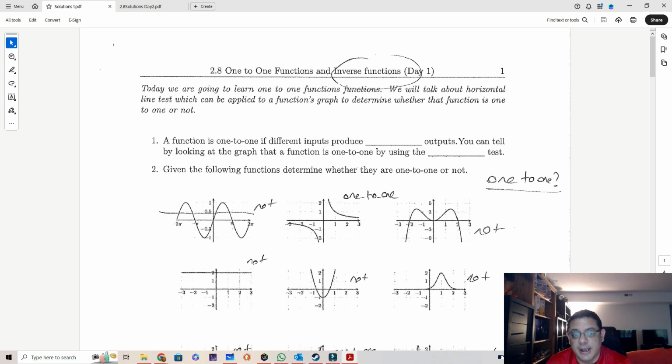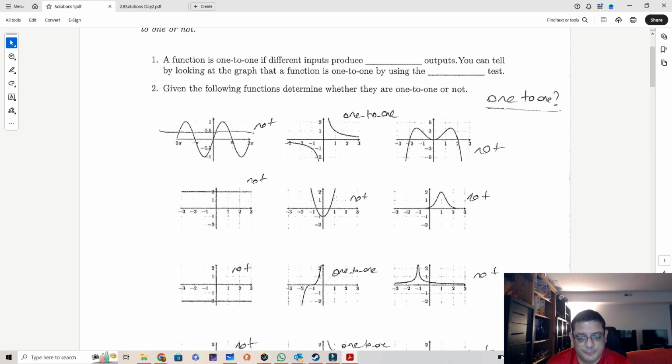This one is also not, but here we have an example of a one-to-one. Notice that every time you cross a horizontal line here, there are no two points touching at the same time. There are no two inputs related to each of these points.